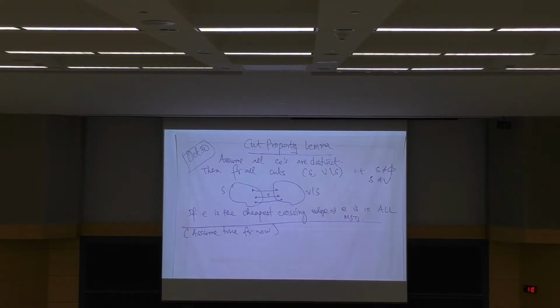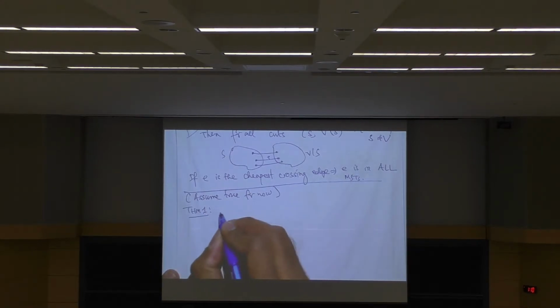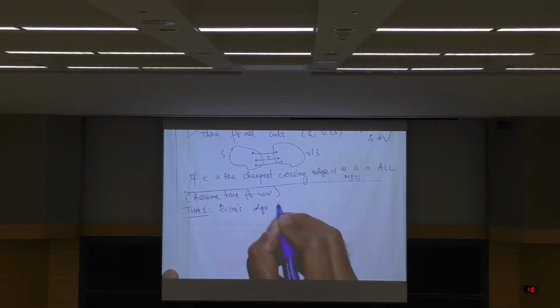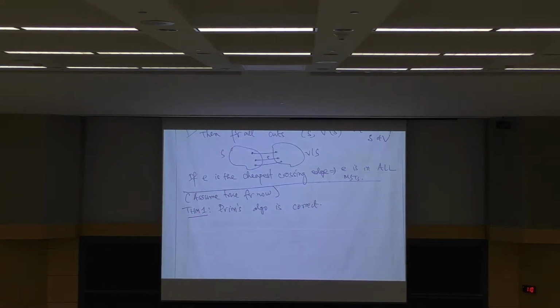We are going to first argue that Prim's algorithm is correct. So the first result we're going to argue is Prim's algorithm is correct. What this means is that the set of edges T that's output at the end of the run of Prim's algorithm indeed forms a minimum spanning tree.